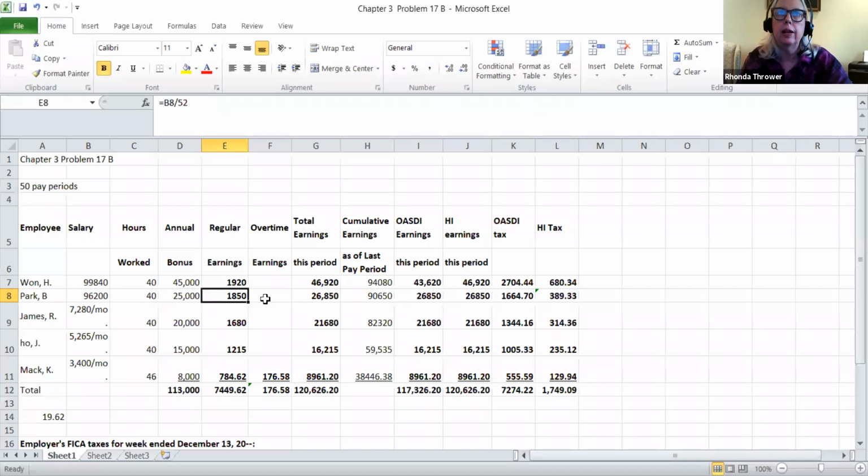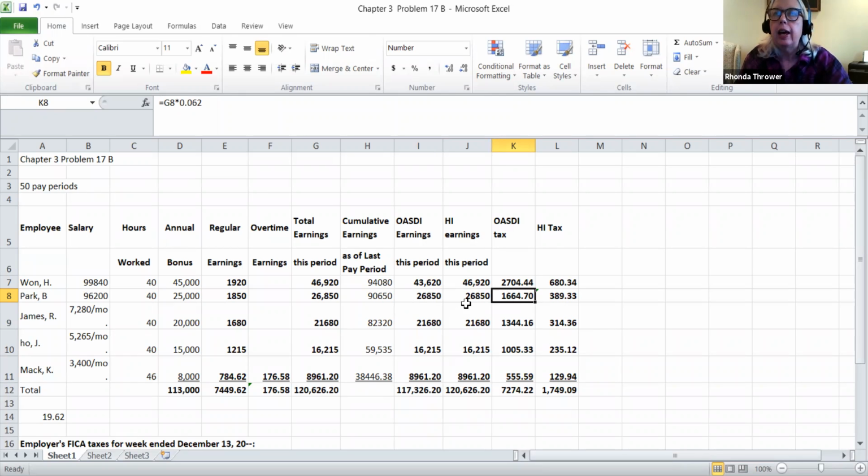So that's why the total amount of the earnings is going to be taxable for OASDI. If you add your cumulative earnings and the earnings for this pay period together, it does not go over the base. So all of this is taxable for OASDI. Take the amount that's taxable for OASDI, multiply it by 6.2%, and that will give you the OASDI tax.